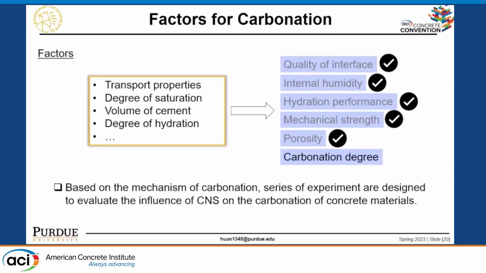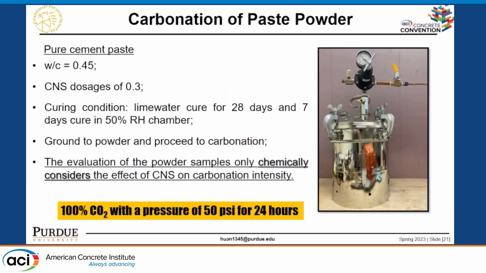Next are some preliminary results about the carbonation test for the cement paste. What we did is we prepared the cement paste and then ground it to powder and proceeded to carbonation. As you can see, we use 100% carbon dioxide concentration and 50 psi pressure for 24 hours.